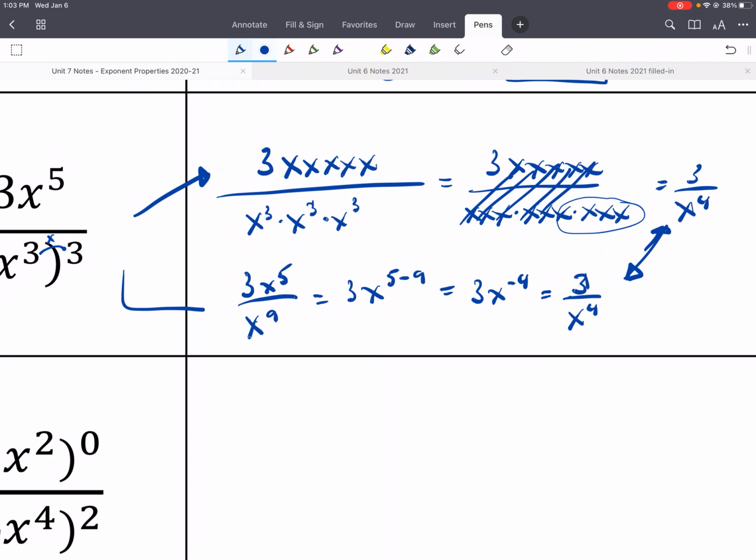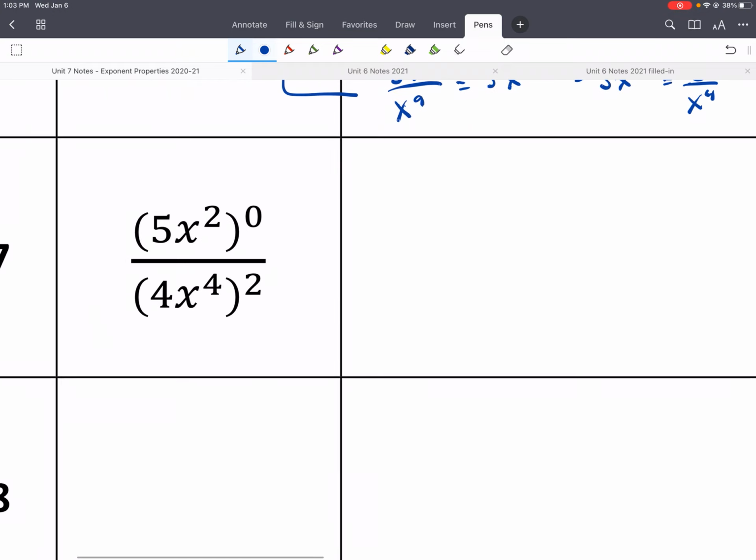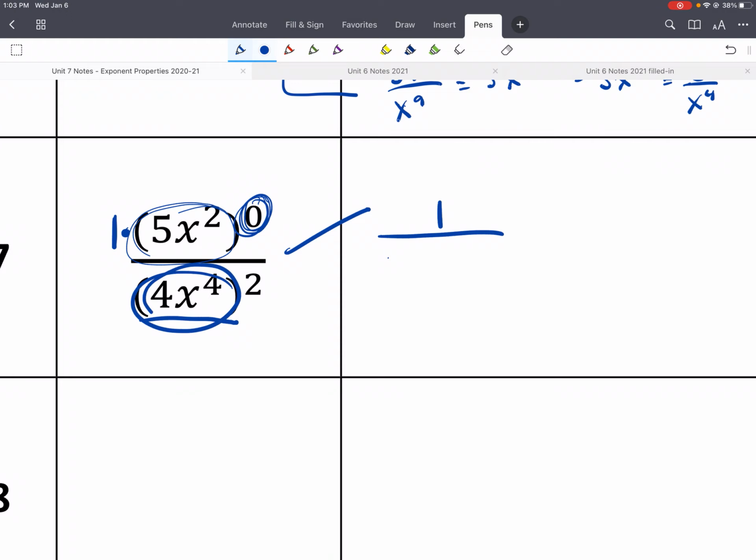All right, and last but not least, looking at the top, if we want to expand, we are going to multiply. This tells us how many there's going to be when we multiply them together, and there's 0 of them. Our coefficient in the front would be a 1. So all we have left here would be a 1 on the top. And on the bottom, if we were to expand it, we're going to multiply the base by itself 2 times.